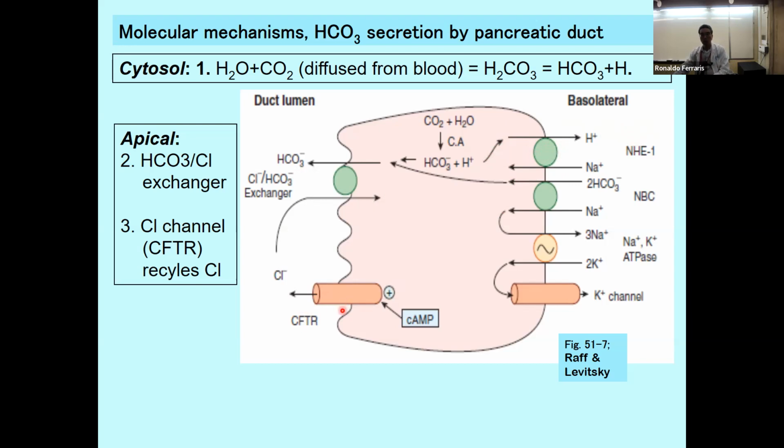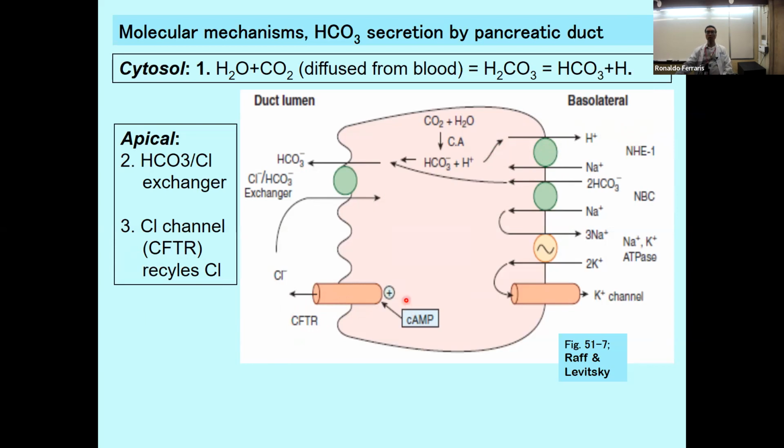And so, ladies and gentlemen, this is CFTR. CFTR is a kind of chloride channel that, as you know, in certain populations, you have cystic fibrosis, you have mutations of CFTR.